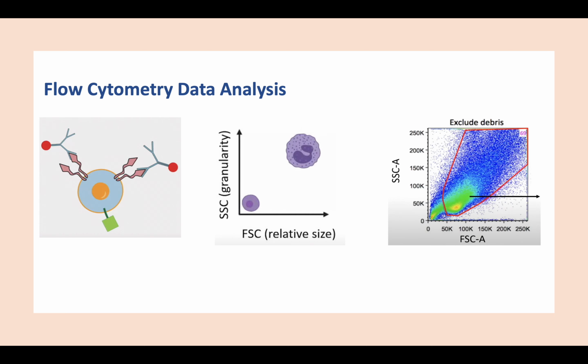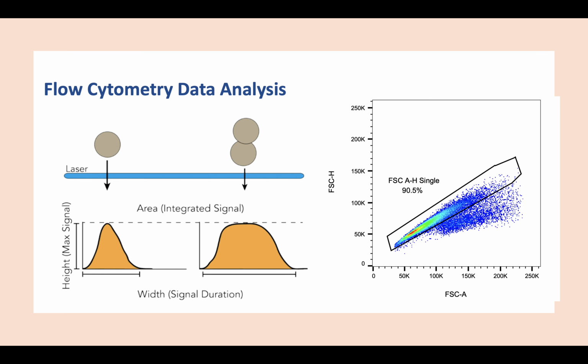Okay, so after we have gated for cells and excluded debris, the next thing that we want to do is something called doublet discrimination. What that means is that we only want to focus on single cells for our analysis. In order to do that, we can change our y-axis to forward scatter height, and this allows us to gate for single cells.